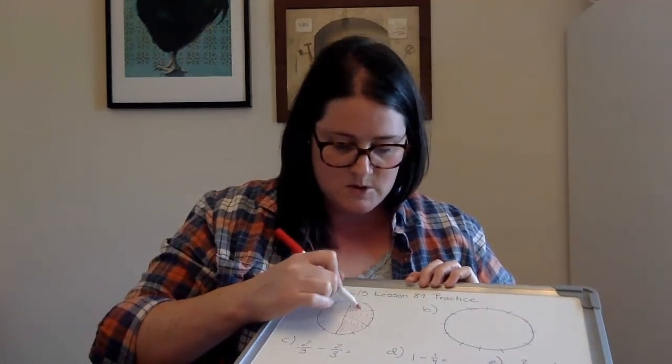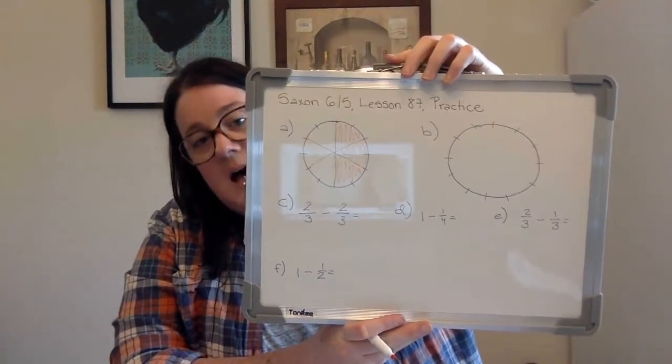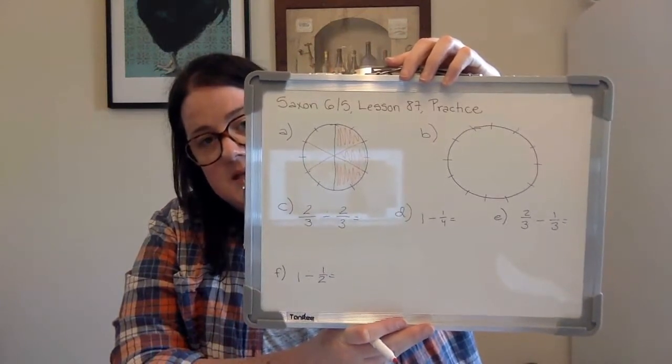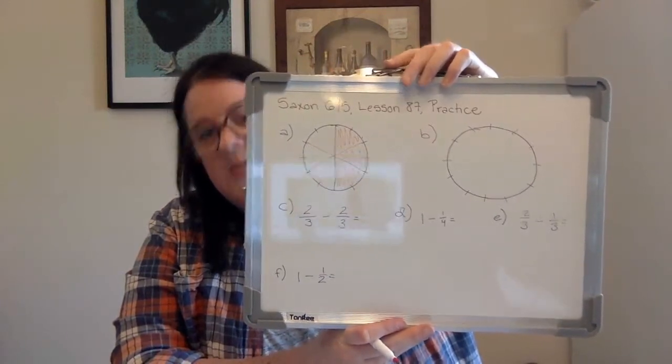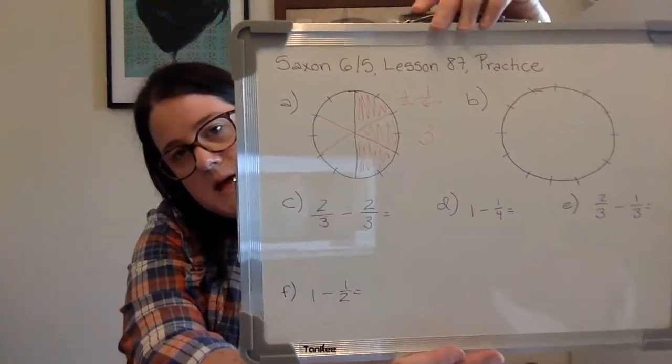I've shaded the 1/2. I've divided it into 6 equal pieces, and I can count that there are 3 pieces in this 1/2. So my answer for 1/2 divided by 1/6 is 3. I hope you guys can see that. It's a little bit light.